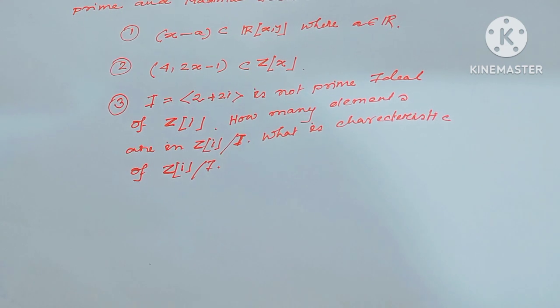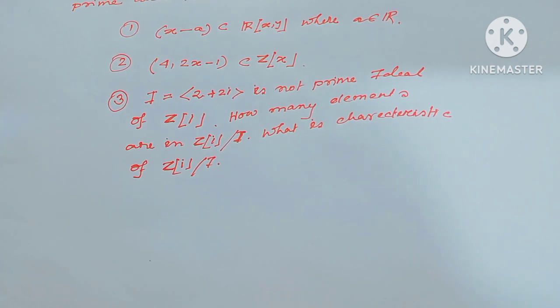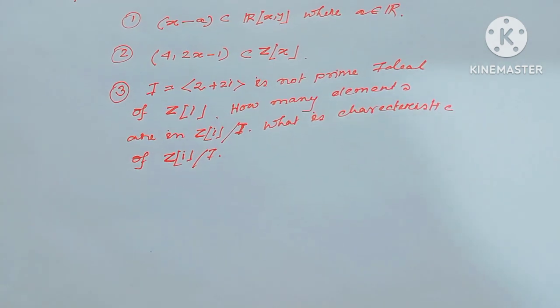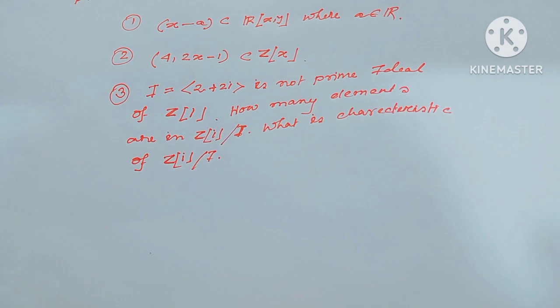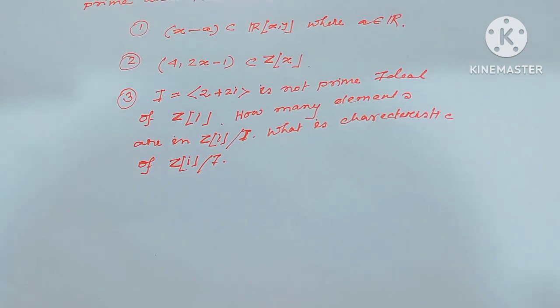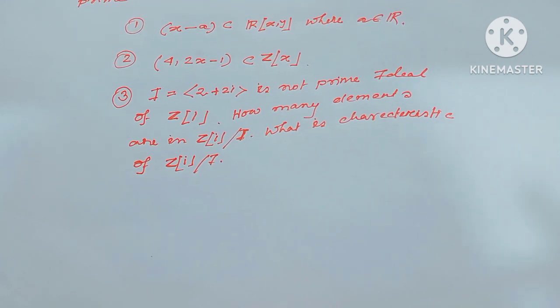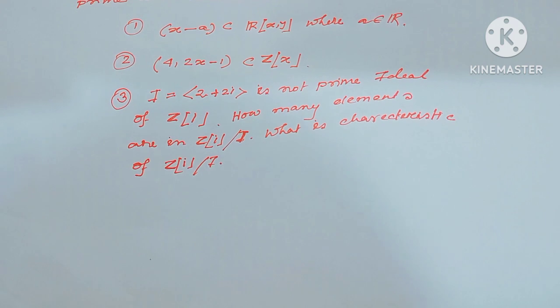I will see this ideal is not a prime ideal of Z[i]. Also I will see how many elements are contained in the quotient ring Z[i] modulo I and what is the characteristic of Z[i] modulo I. This is our goal of today's lecture.